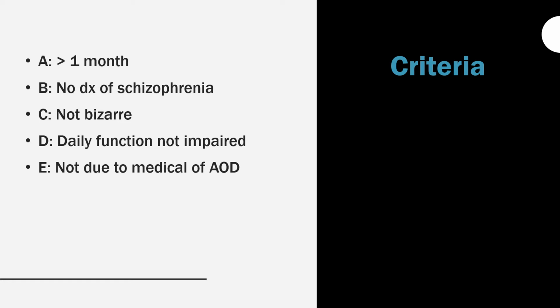Letter C, apart from the impact of delusions, the ramification of delusions on daily functioning, there are no real marked behavioral impairments. Okay, so they don't come across as odd or bizarre. They're not doing things that just seem really strange. D, daily functioning is not impaired.